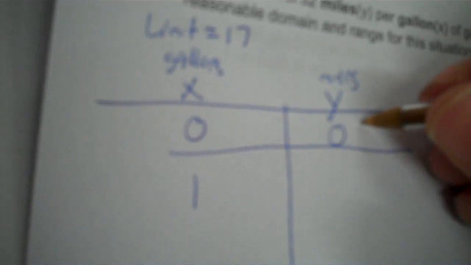If I have 0 gallons of gas, I'm not driving any miles, okay? 1 gallon of gas, 32 miles per gallon, so every 1 gallon you can add 32. 2, as you can see, you can tell why this is going to be crappy. 32 plus 32, 64. Plus 32, 96.